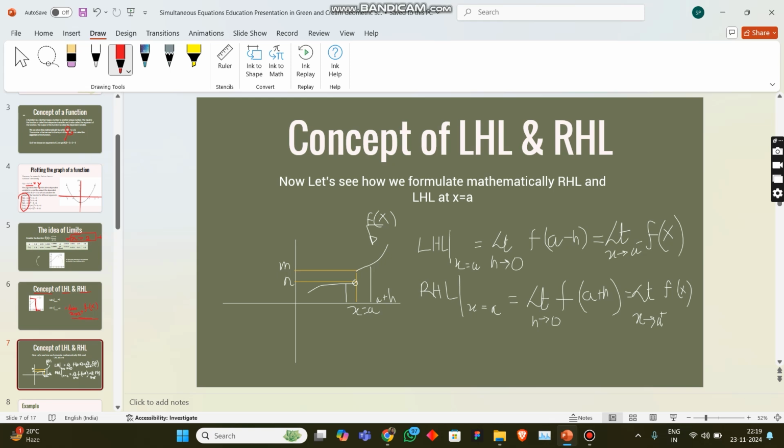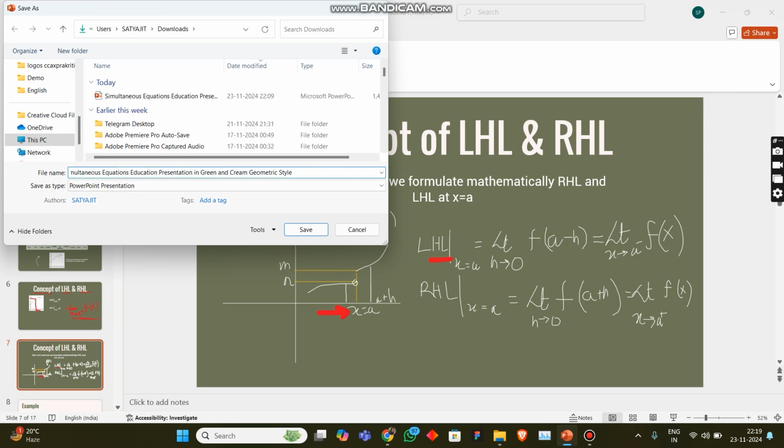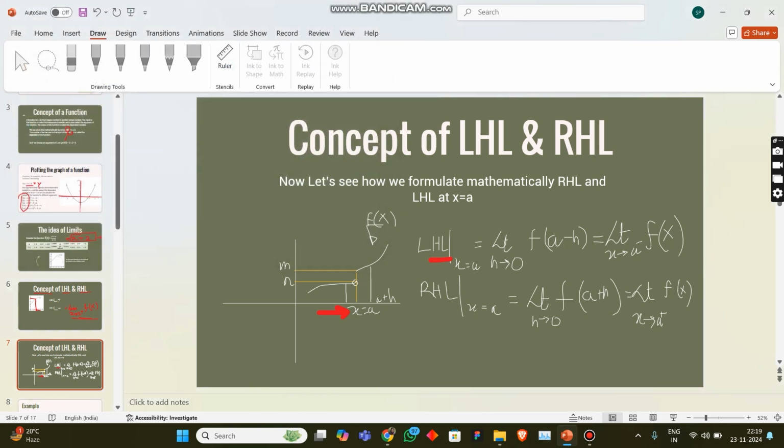Okay, suppose we are approaching the limit from the left hand side. So on the left hand side, if the approaching value is very less than a, we can write it as a minus h, right?